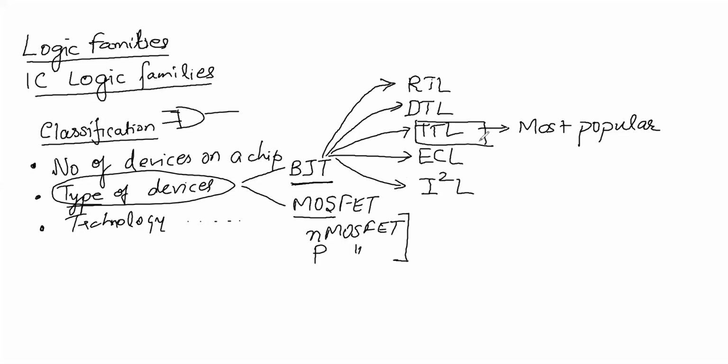But if you have understood the implementation of RTL and DTL, then only you will be able to appreciate TTL. And all these technologies will require you to have a basic understanding of BJT, which means the switching characteristics of a BJT should be known to you.